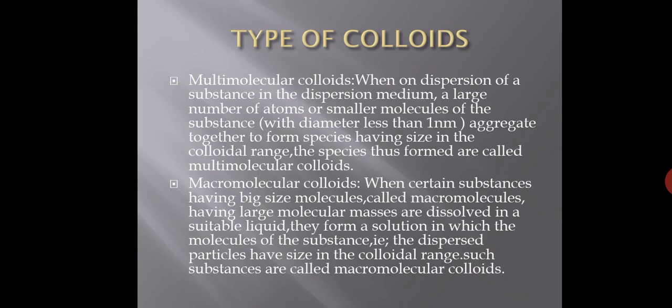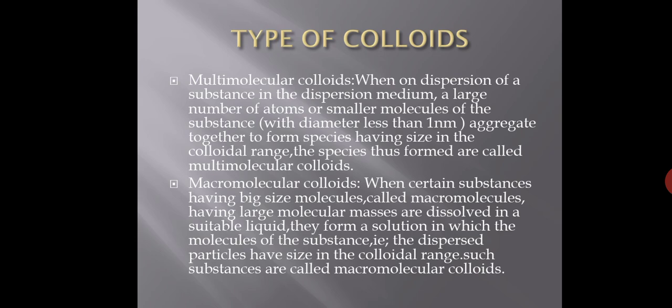So when they reach the colloidal range, that kind of colloid is called a multimolecular colloid. Initially the size is less than 1 nanometer, but they aggregate, collide and come together in the dispersion medium, and the smaller molecules form larger molecules. Examples are a gold sol and a sulfur sol, having thousands of atoms.